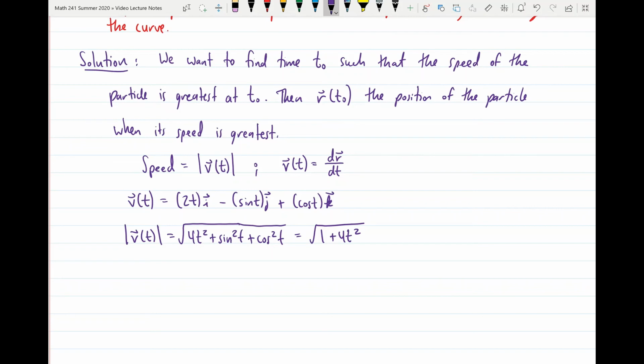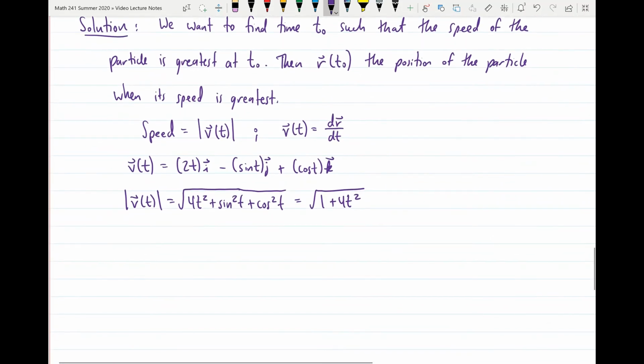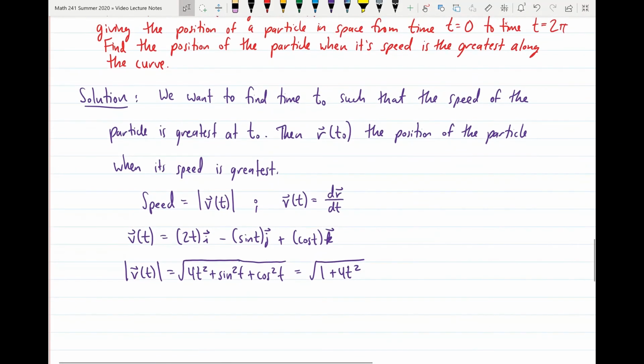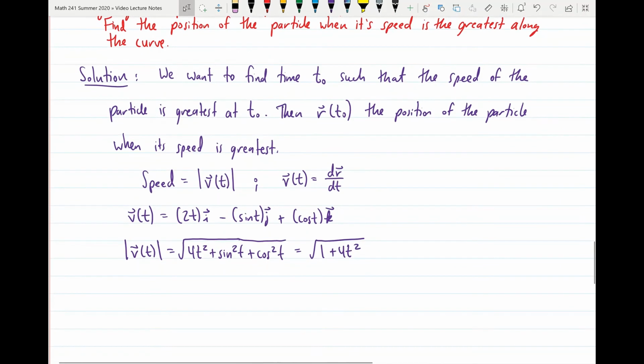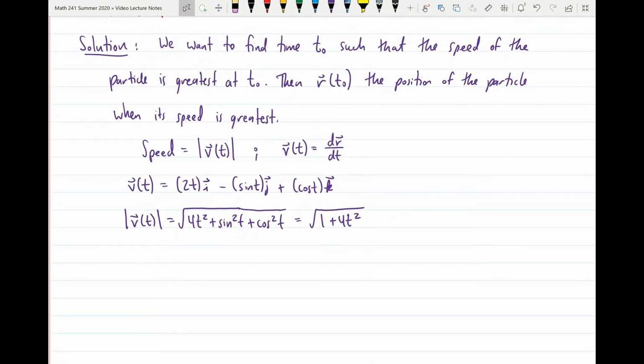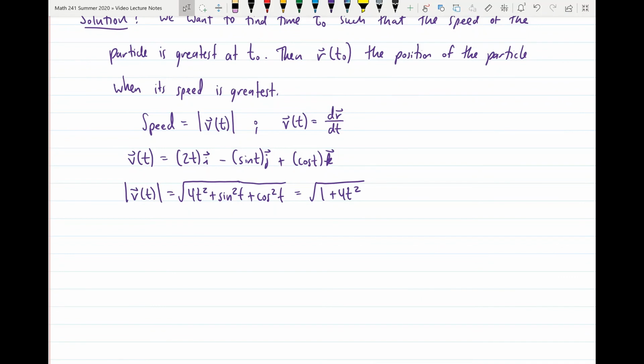So now we have a function giving us the speed of the particle at different times t. And we still need to find when this speed is maximal along the curve. But notice that the speed is a scalar function. So it takes one real number, which is the time t, and it outputs one real value.